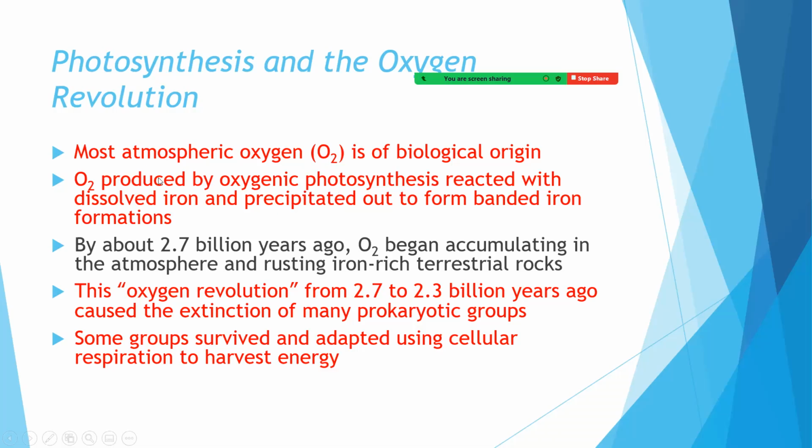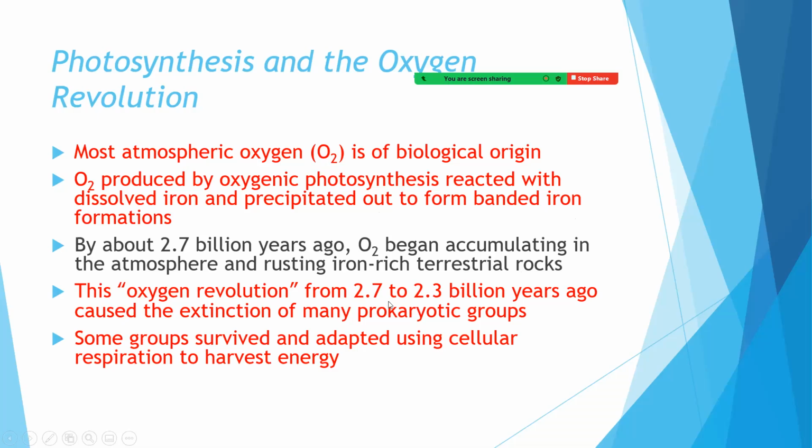This oxygen that was produced by these prokaryotic cells reacted with the iron that was present in the seas and on the land, and started to precipitate out to form these banded iron formations. And we can see this in these iron-rich terrestrial rocks. So this time period is called the oxygen revolution.